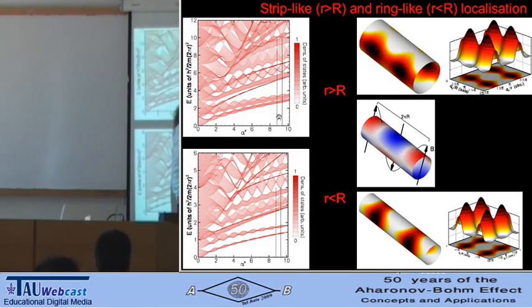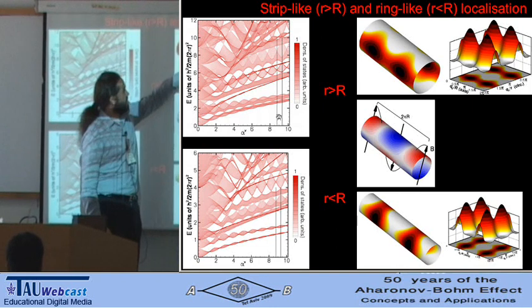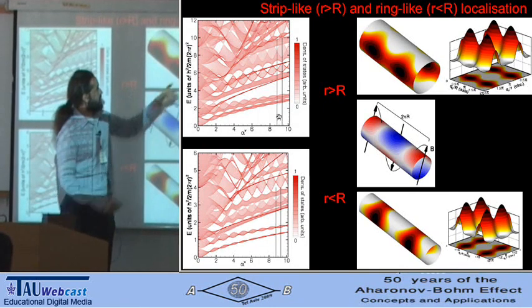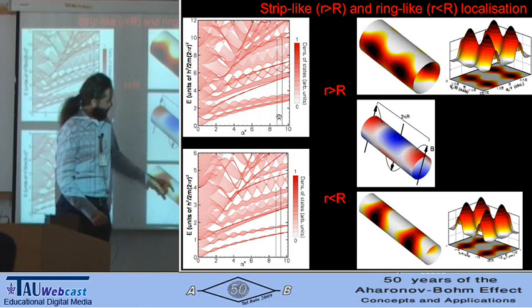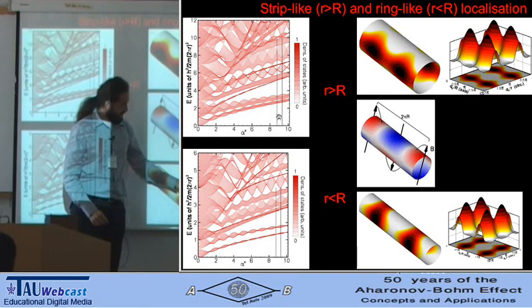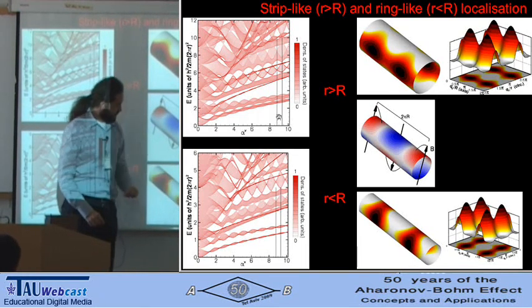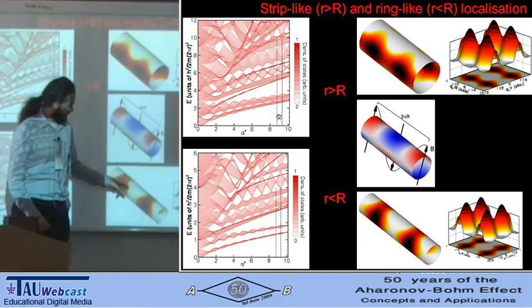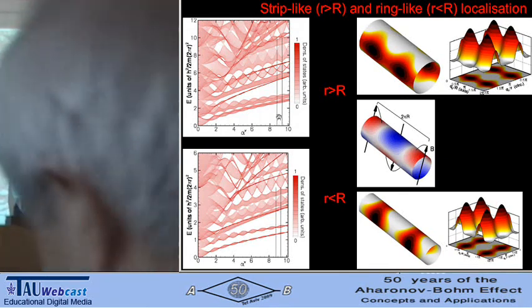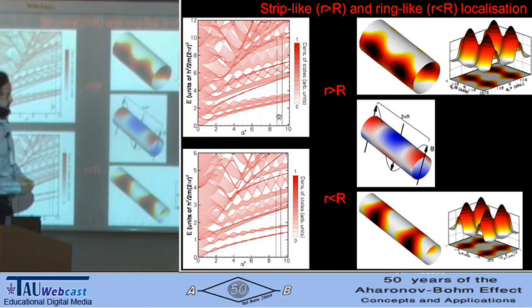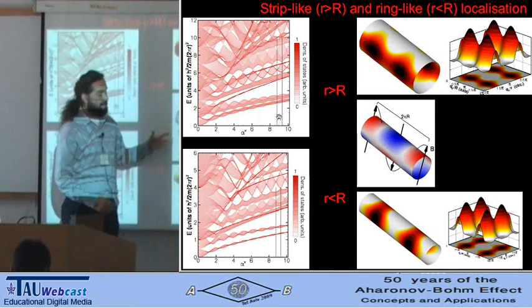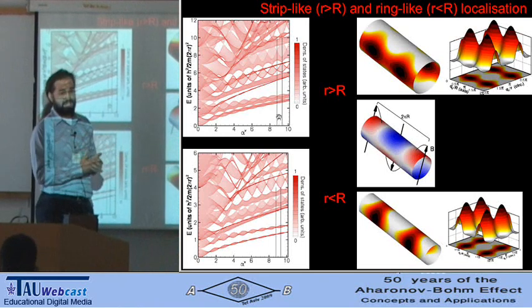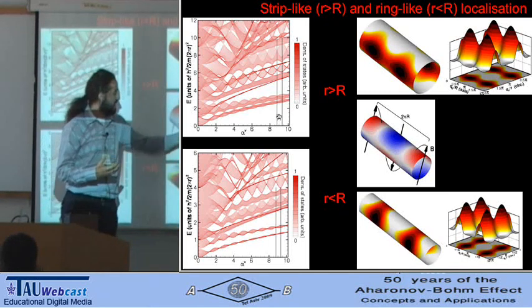If you keep constant the spatial modulation of the field and you increase the radius, basically you have strips. Otherwise, if you decrease the radius of the nanowire and you keep constant the modulation of the field, you have rings around the nanowire. But they stay in these regions where the component of the magnetic field perpendicular to the surface is 0.